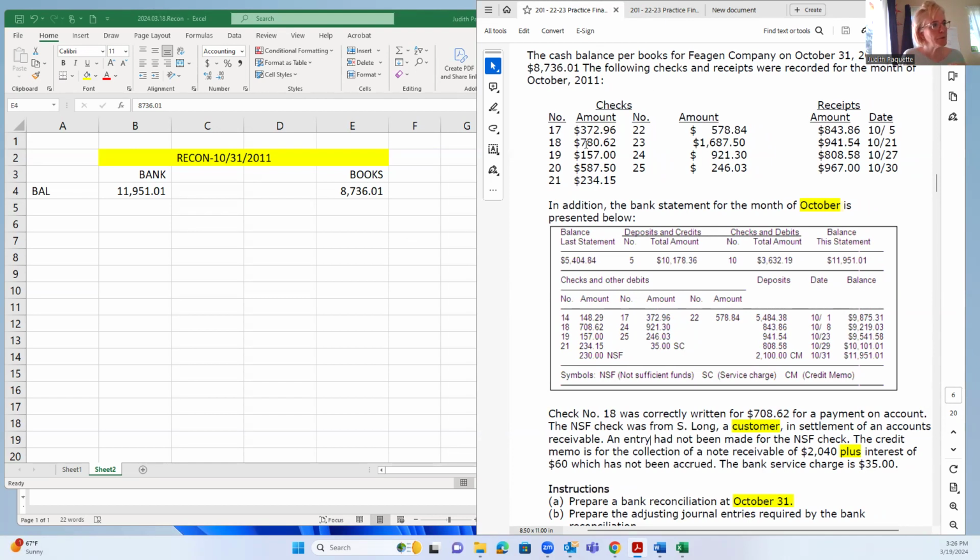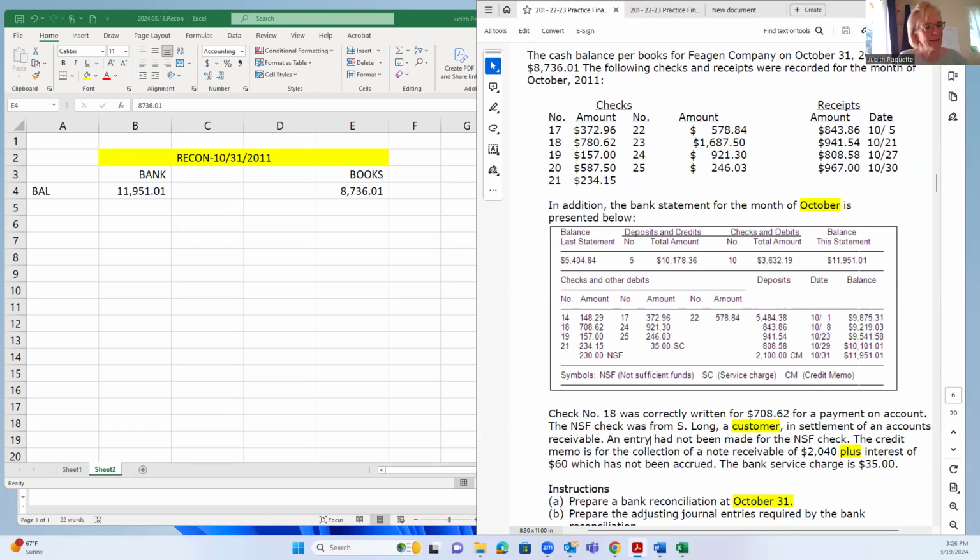The company wrote 1, 2, 3, 4, 5, 6, 7, 8, 9 checks, and the company recorded 4 cash receipts. So the checks would have been a debit to accounts payable, credit to cash. The receipts would have been a debit to cash, since cash goes up with receipts, credit to accounts receivable. Okay, we'll just make it really simple.